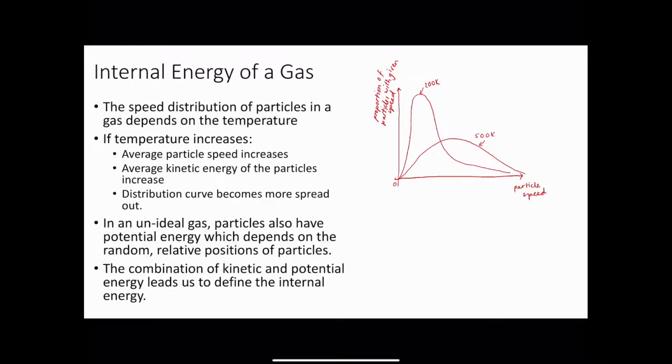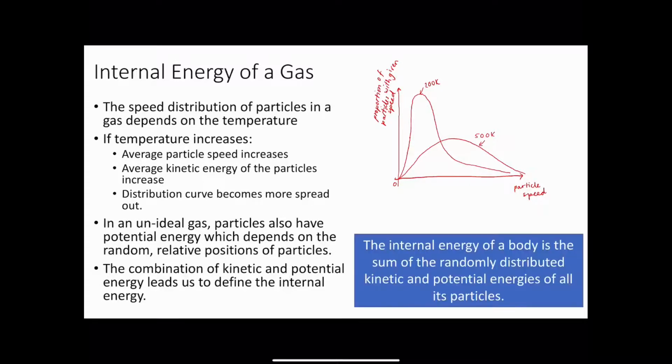The internal energy, and this is a good one for your glossaries, of a body is the sum of the randomly distributed kinetic and potential energies of all its particles. Now this is something at GCSE that you will have merely thought about as the thermal or the heat energy, and teachers might have thrown in that it's actually referred to as internal energy. Now you really must come to think of it as the internal energy.